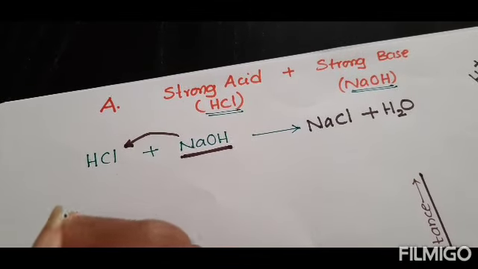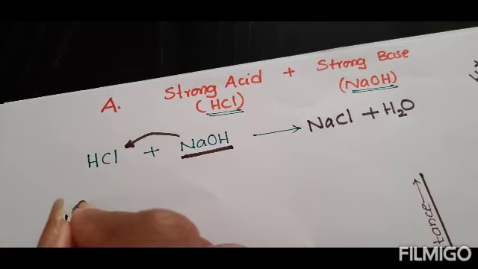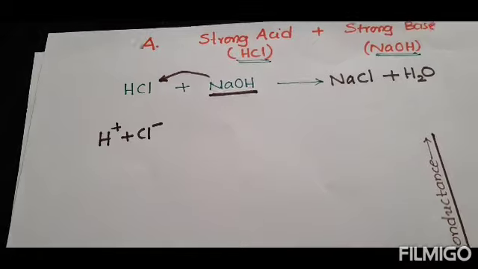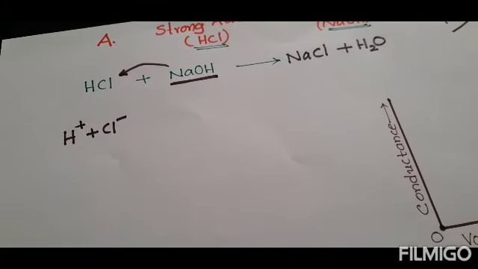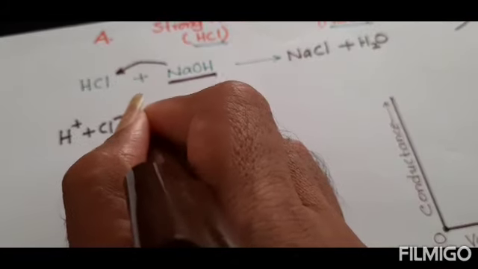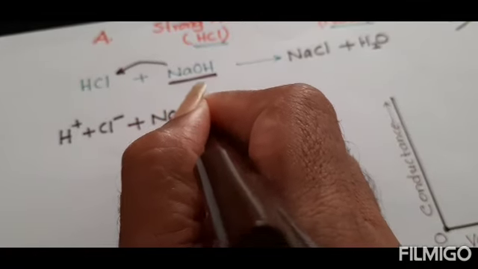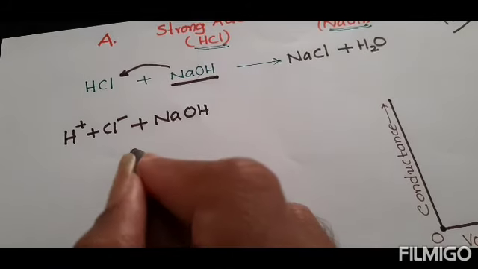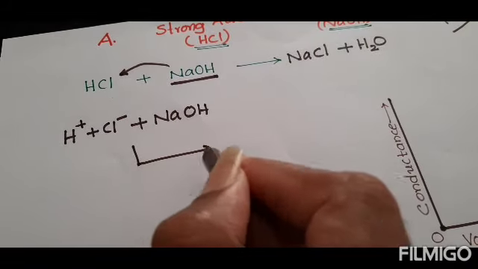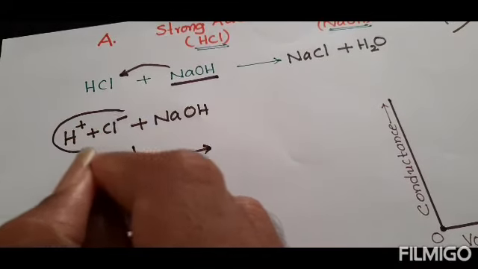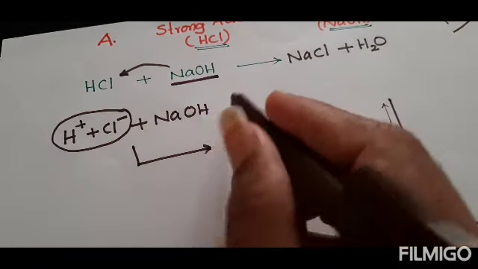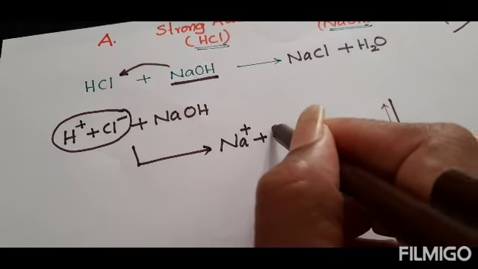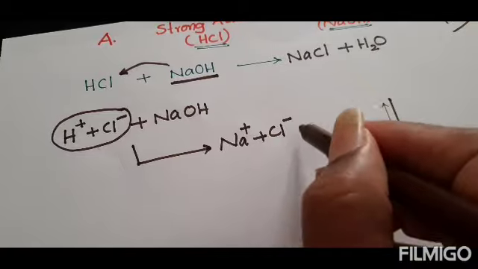HCl is taken in the conical flask. It contains H plus and Cl minus. To this we are adding NaOH. That means to the system containing H plus and Cl minus, because of neutralization, you are getting Na plus, Cl minus, plus water.